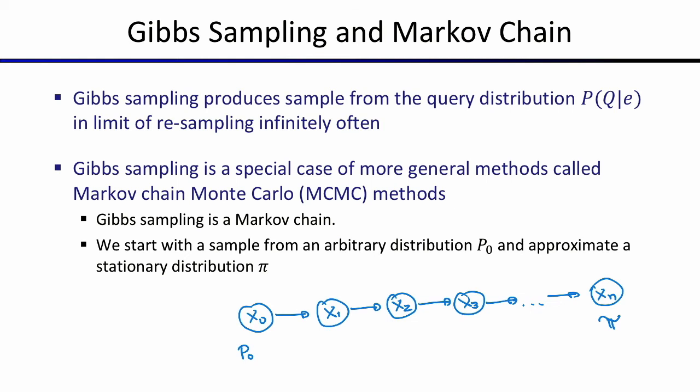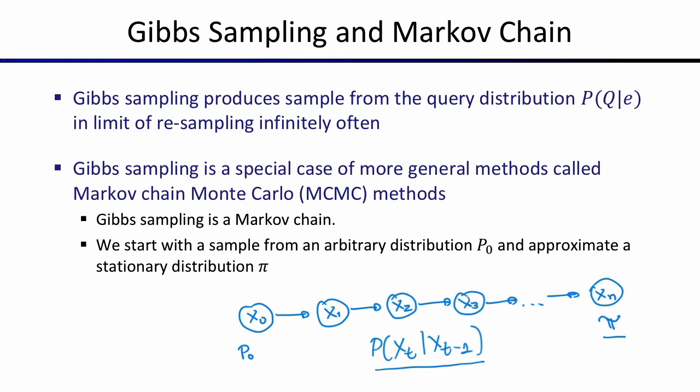So basically the transition probability is the probability of xt given xt minus 1. And these transition probabilities are very important because they will define what's going to be our stationary distribution pi. Now imagine the following, that we can start with a random assignment for values of the Bayesian network.